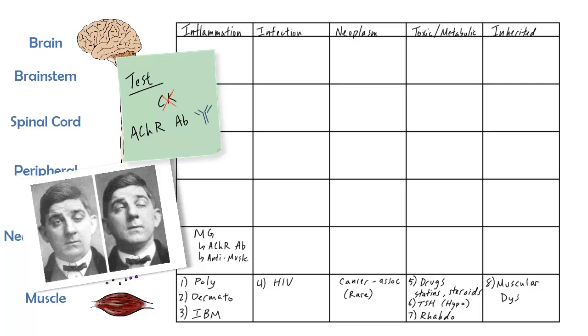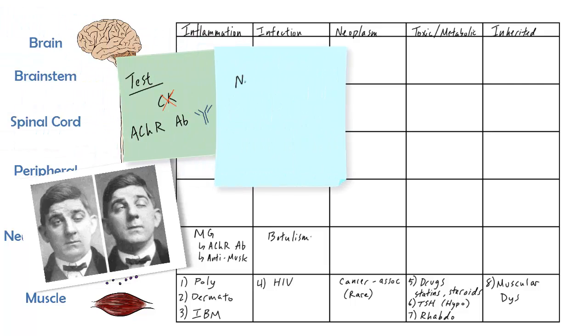What happens when an infection has an affinity for the neuromuscular junction? What do we call that? Yeah, botulism. Botulism has a tropism for the neuromuscular junction because botulism produces this potent neurotoxin that's composed of both a heavy chain and a light chain. The heavy chain binds the receptor on the presynaptic terminus of the neuromuscular junction.